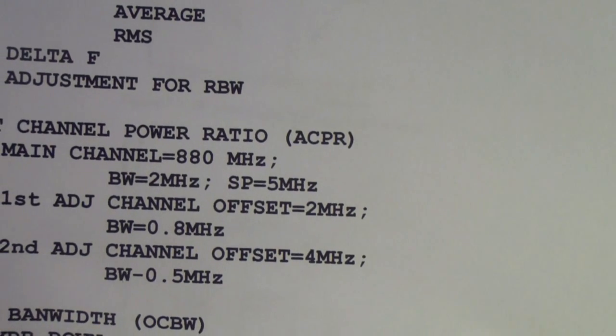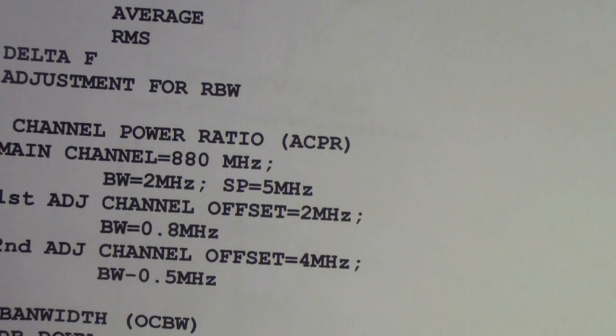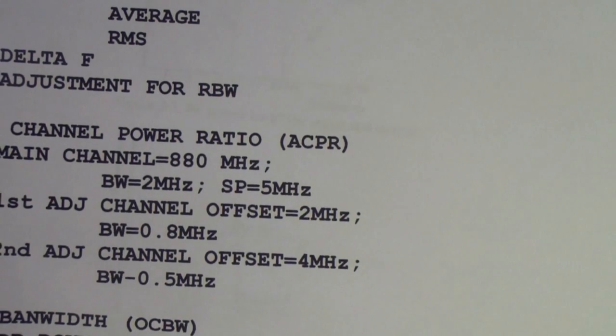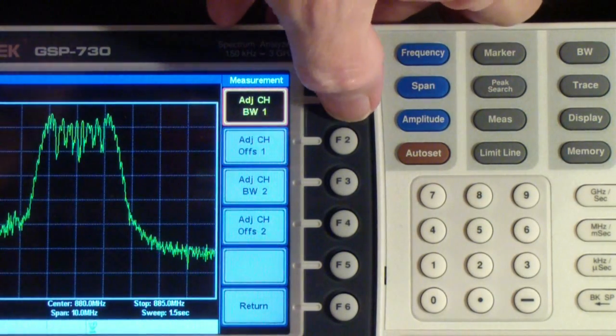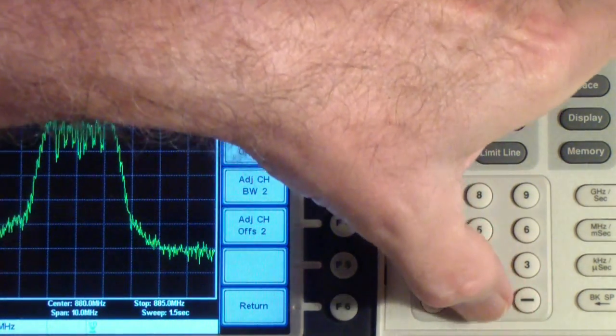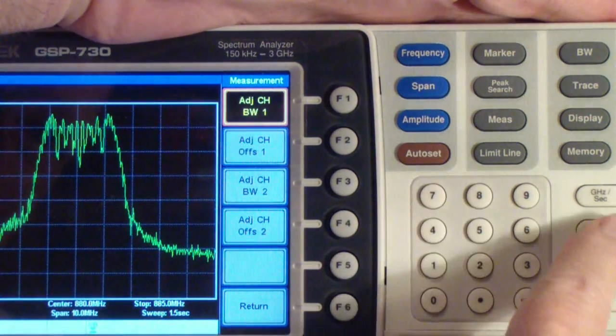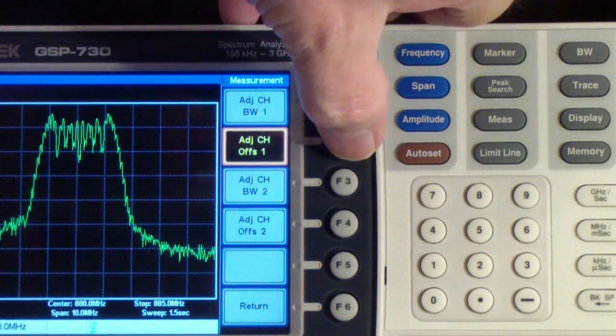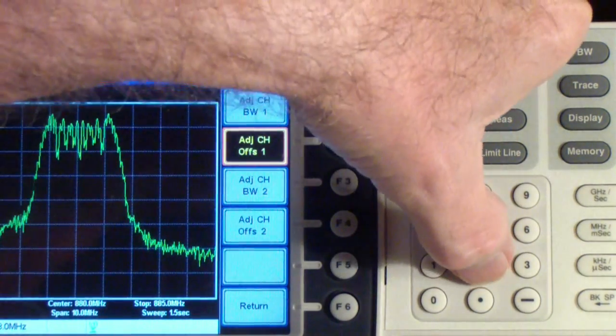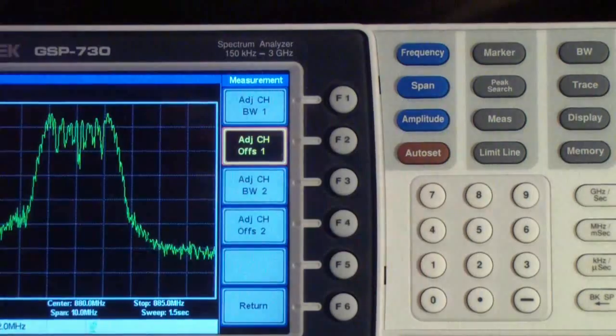The first adjacent channel has a bandwidth of 0.8 megahertz and an offset of 2 megahertz. So adjacent channel 1 bandwidth, 0.8 megahertz. The adjacent channel offset is 2 megahertz.